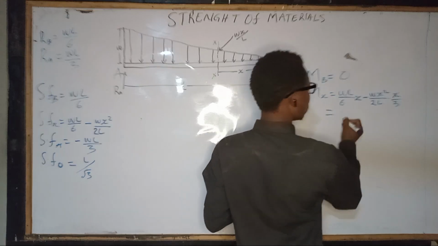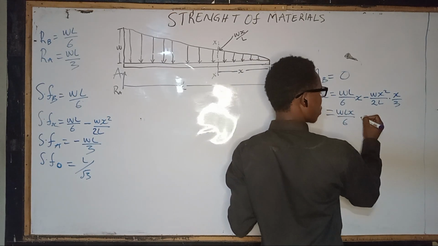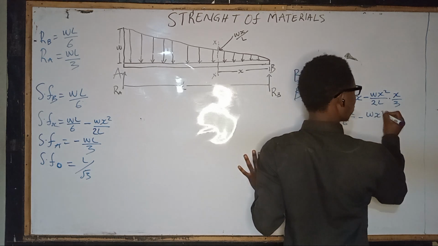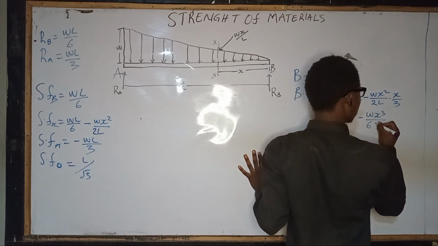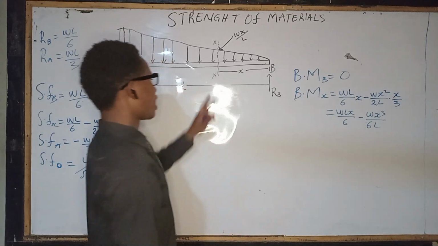That will end up giving us WLx over 6 minus Wx cubed over 6L.